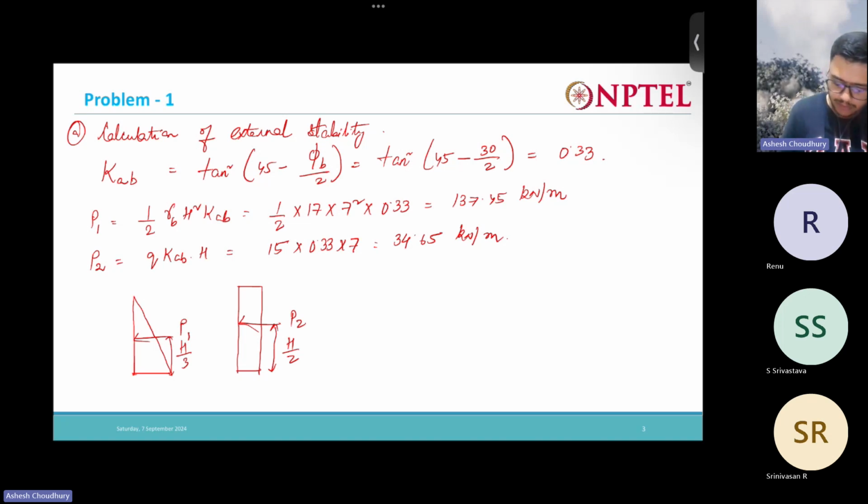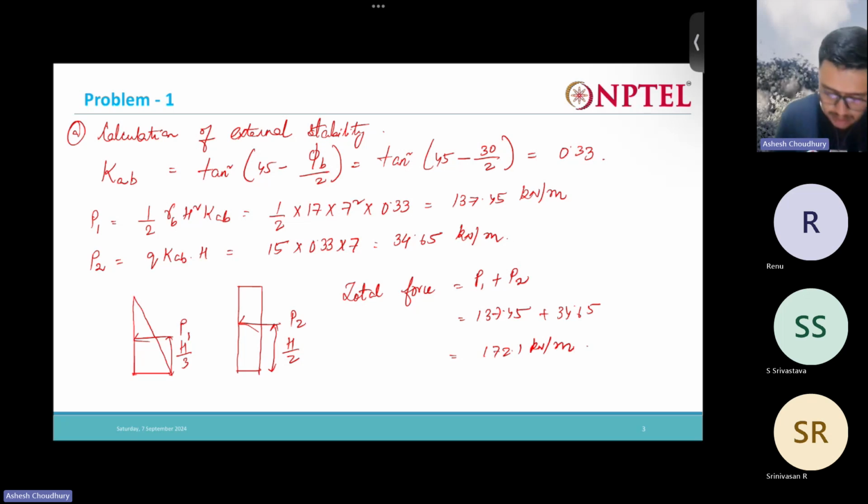Therefore the total force will be 172.9. So we calculated the total lateral force.